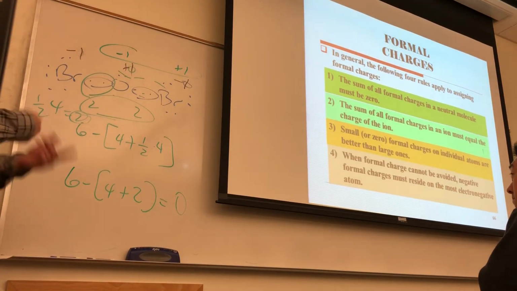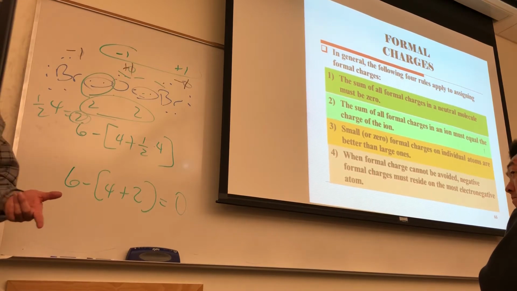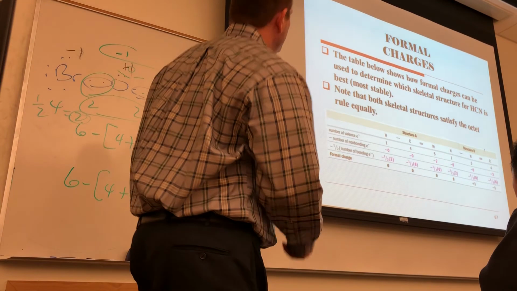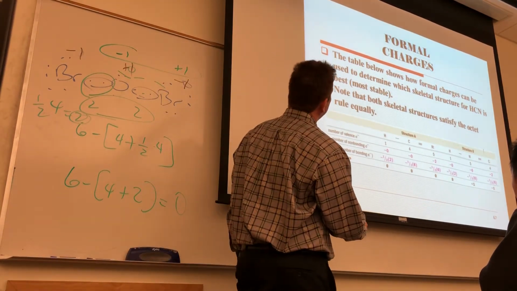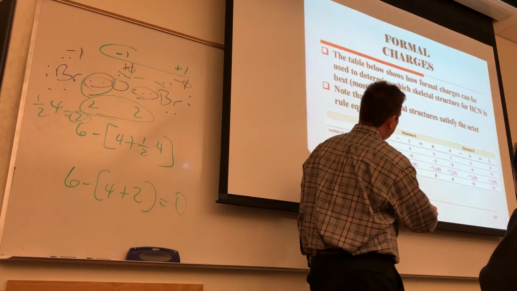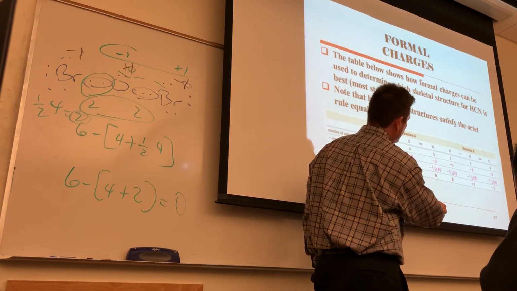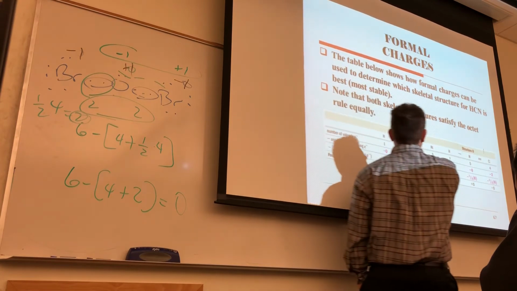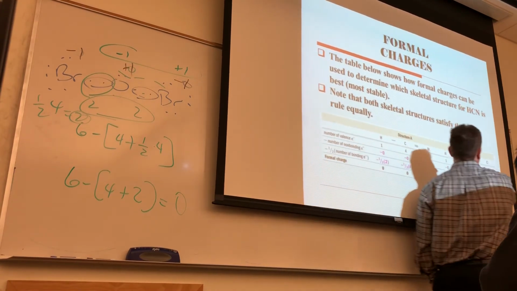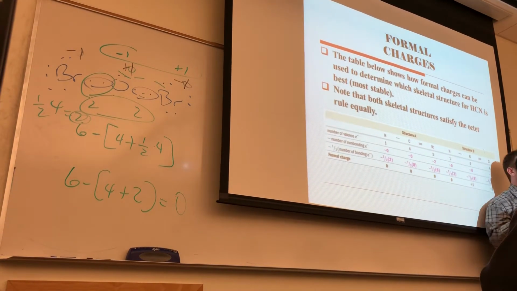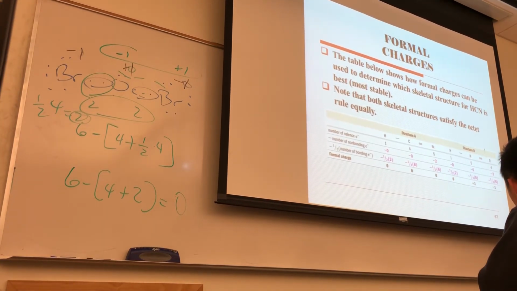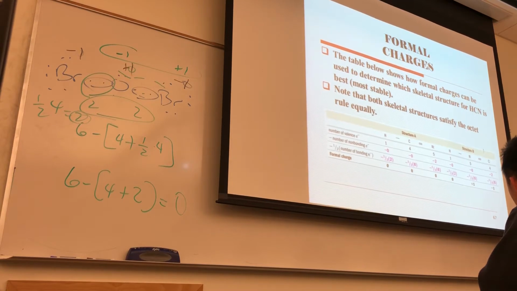Okay, so let's walk through and see what this means now. Structure A, structure B, HCN, HNC. Both of these fit the Lewis structure. They're all octets, everything works. So then I say, which structure is better?